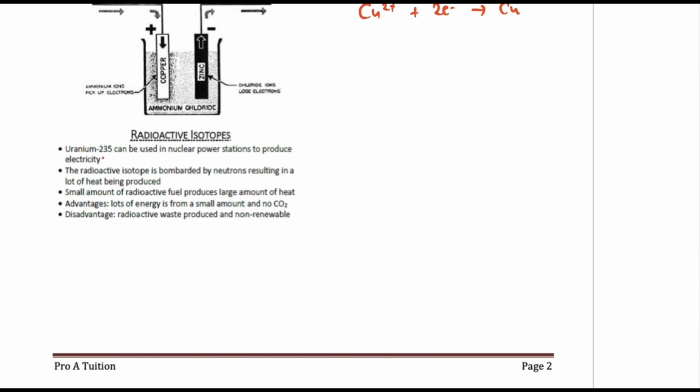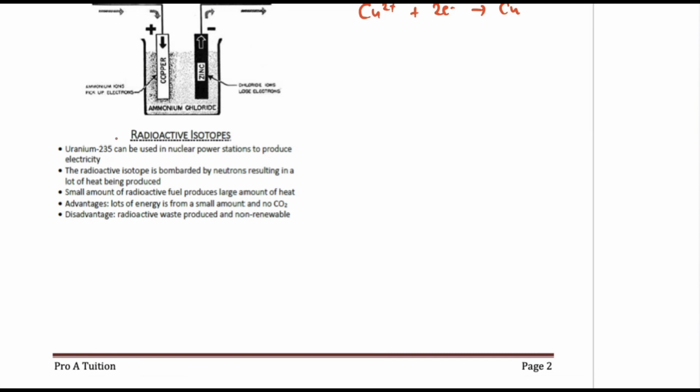They take the uranium-235, and 235 means the nucleon number is big, so it's a big nucleus. You can break down the big nucleus into two smaller nuclei, and that is called nuclear fission.